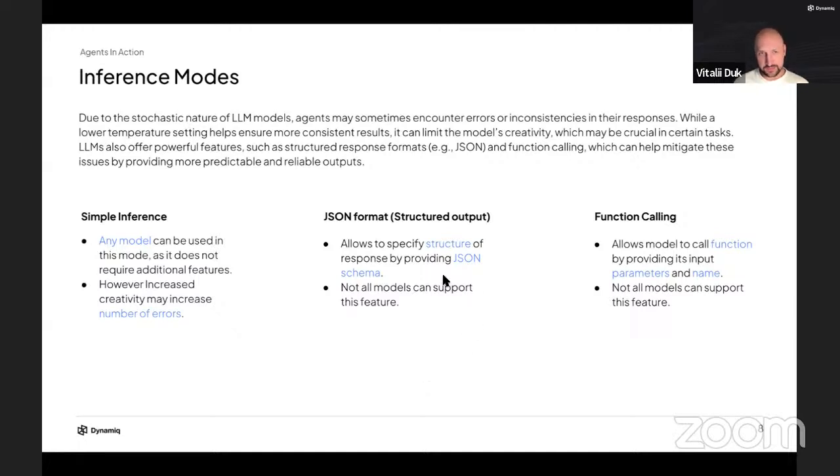Again, this is still something that not every LLM supports. So structured output is very limited to just a few LLMs. Function calling is more widespread, but still not every LLM has that. So in Dynamiq, we've implemented different strategies and different inference modes that you can switch depending on the LLM that you use.